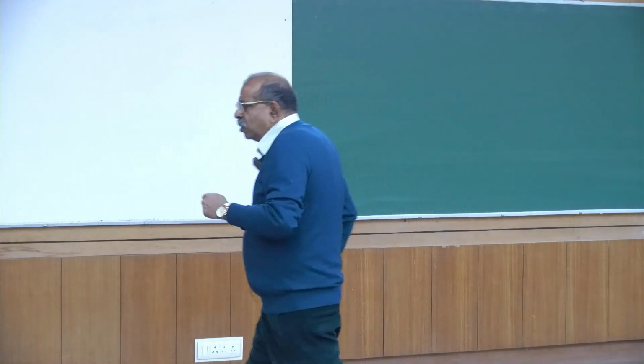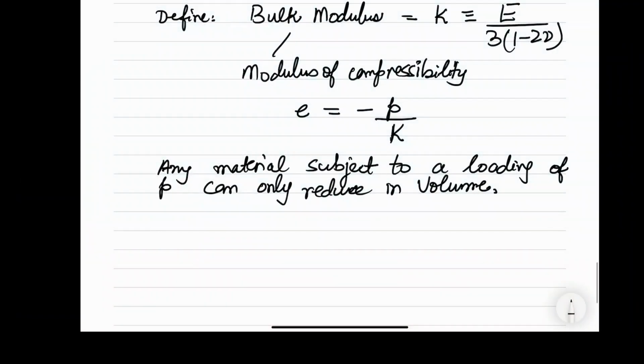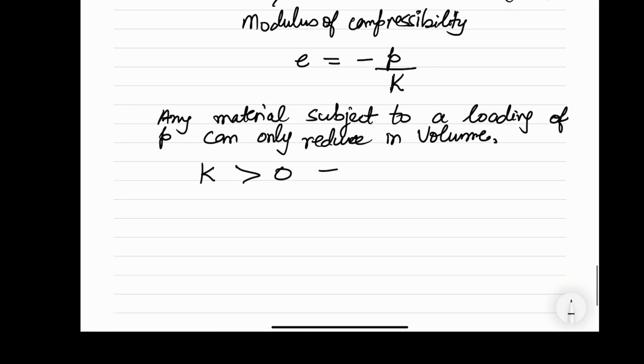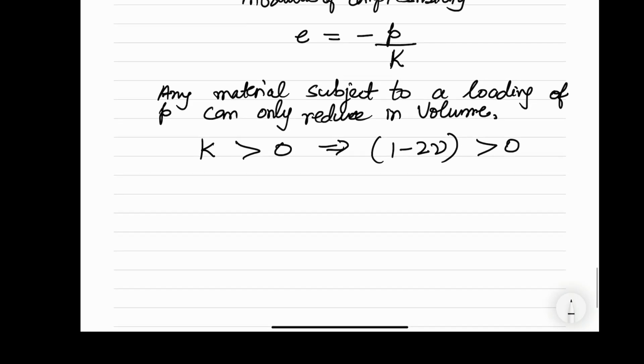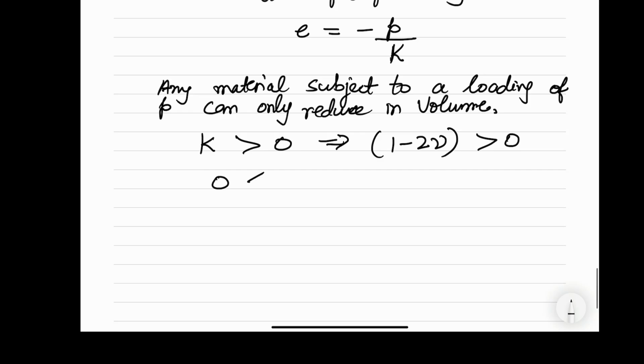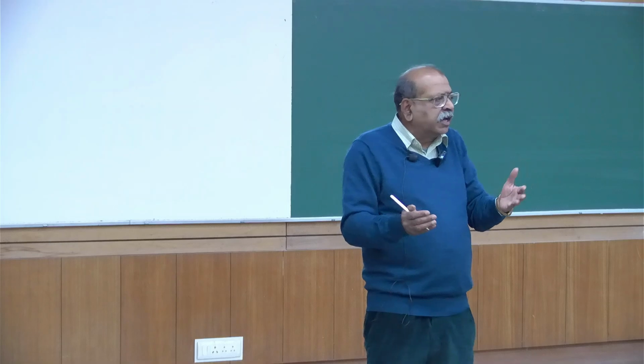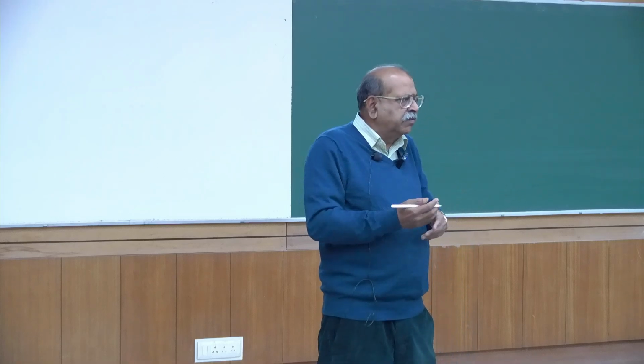If that is so, then K has to be greater than 0. And this implies that 1 minus 2 nu is greater than 0. And this gives us the limit that nu will go from 0 to half for most materials. We are excluding again the materials where nu is negative.